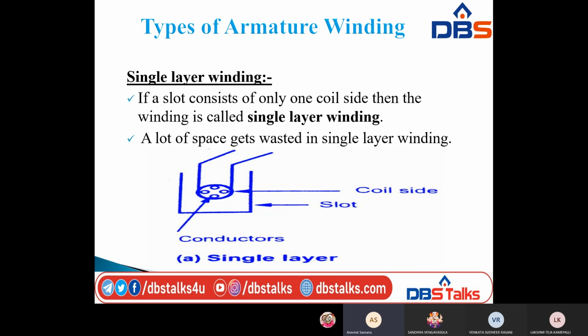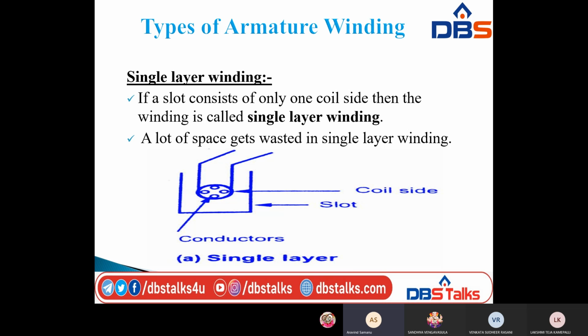This circular shape is known as a conductor, and this half square shape is called a slot. This is the coil side. So if a slot consists of only one coil side, then the winding is called single layer winding.